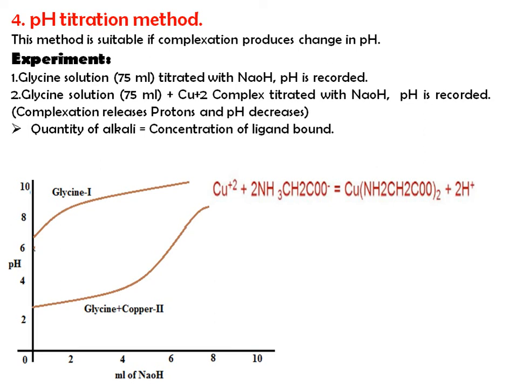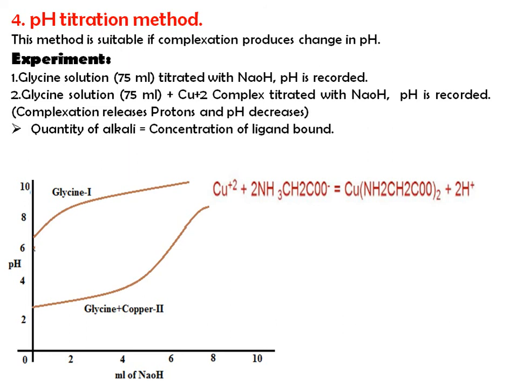The titration curve is obtained by adding this sodium hydroxide to the solution of glycine and copper salt, and this titration curve of the complex is much below the standard glycine graph. Why?